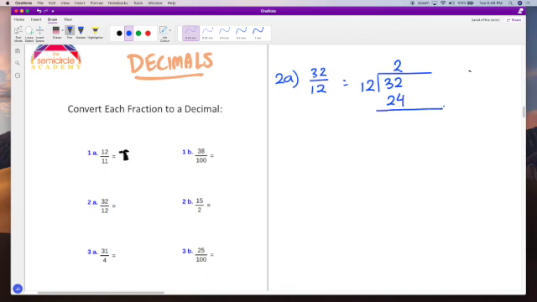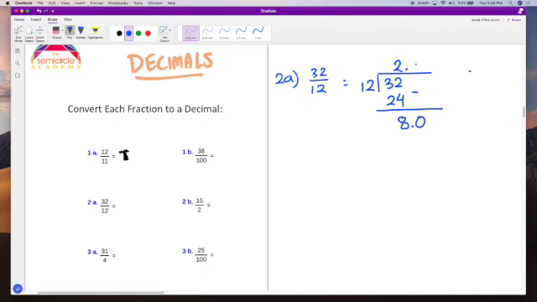So 32 minus 24 is 8. Hate this board, right? And well, we can see 12 can't go into 8, so we put the dot and we add the 0. And we'll have to put a dot there as well.